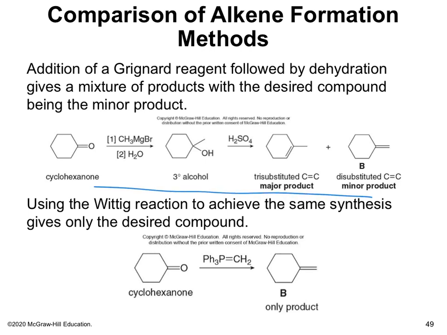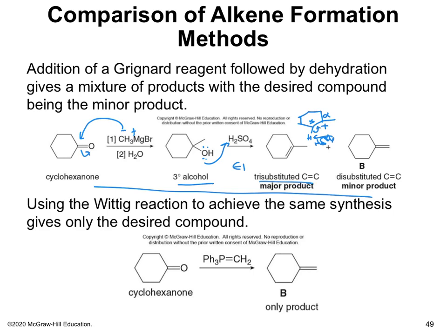This is one way you could do it, but you see how you'd have to do the Grignard, and then you get a tertiary alcohol, and then you'd have to do an E1 where this gets protonated, and then you get your carbocation, and then that's your alpha, so then your beta hydrogen to do an E1 elimination.